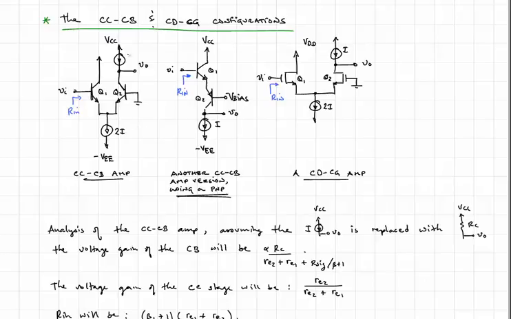Now this current source up here may be confusing to you. You can replace it with a resistor, and that works fine. And now that looks like a more familiar common collector feeding a common base, and the same principle of operation applies there.